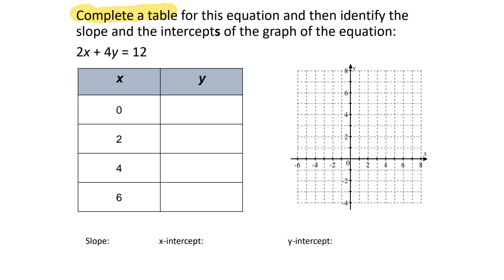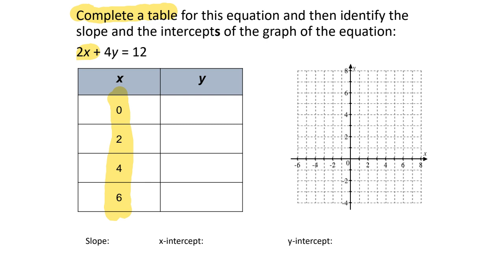These values are x values. I am going to put them in for x. And if I do that, notice the y column is blank.